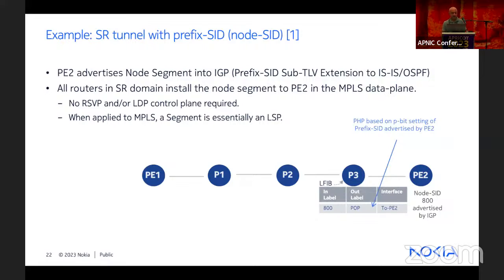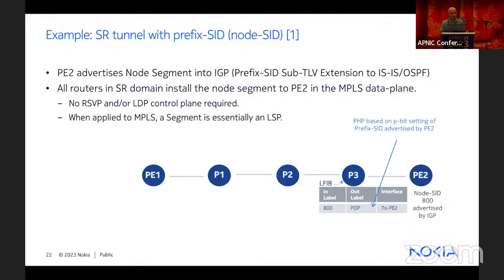So node SID 800 was advertised by PE2 in the IGP. So what happens is it'll be received by all of the routers in the network. So P3 receives that information in the IGP advertisement, and by virtue of that, it learns that the globally significant SID for PE2, the node SID for PE2, is 800.